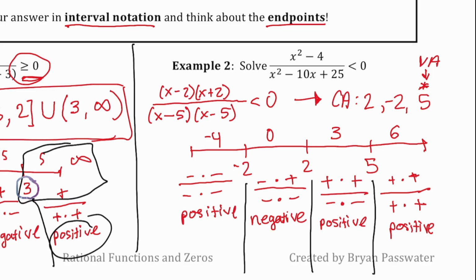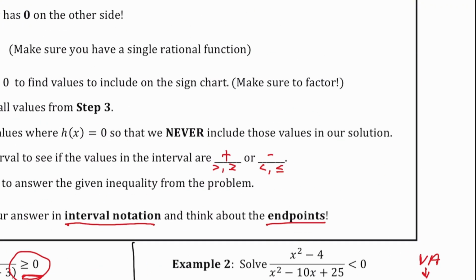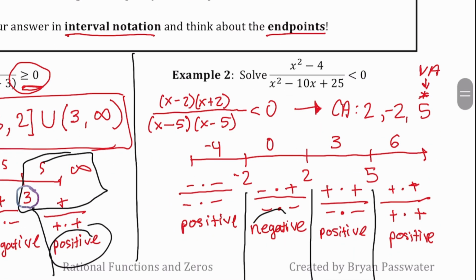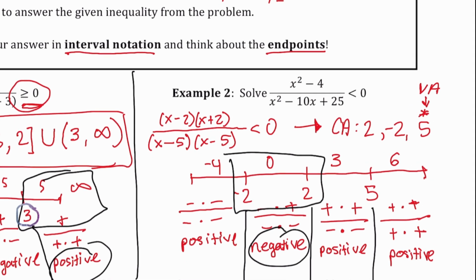And so when we look back at the sign, the intervals that we're trying to solve are less than 0. So we're looking for the negatives, and only this right here is negative. So this interval, well, there's barely any space.